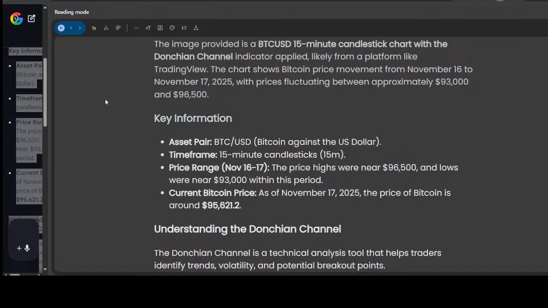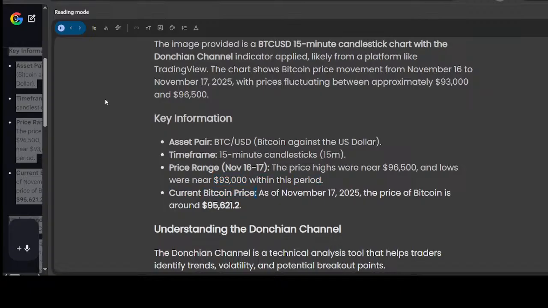Key information. Asset pair: BTC/USD, Bitcoin against the US dollar. Timeframe: 15-minute candlesticks. Price range November 16 to 17. The price highs were near $96,500, and lows were near $93,000 within this period.